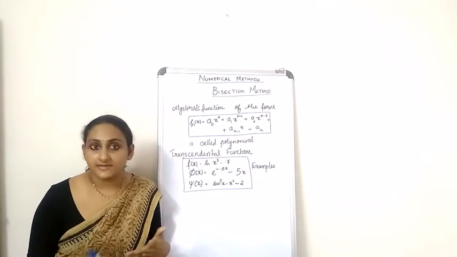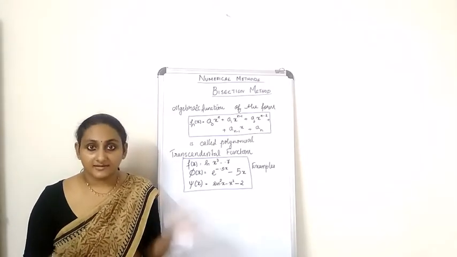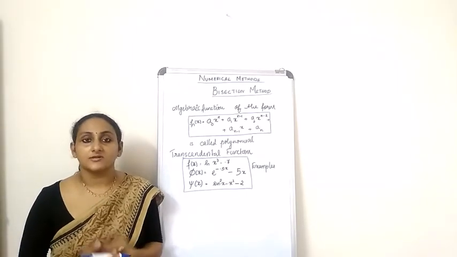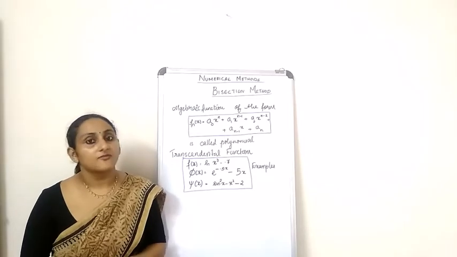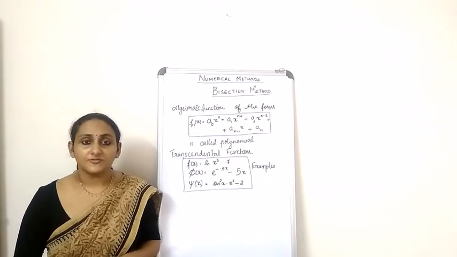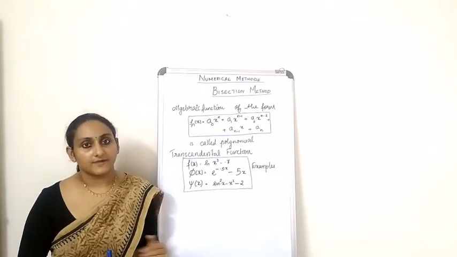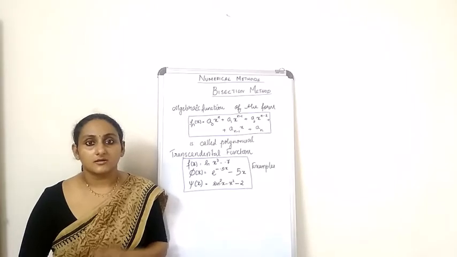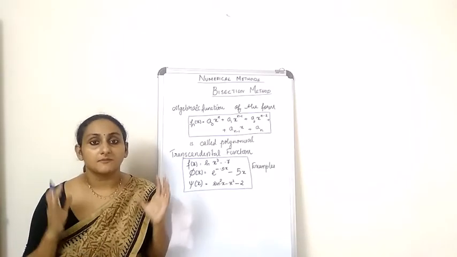So all these three cases can arise, and your aim is to find out the roots of these functions. So next we will move on to the first method of how to find the roots of a function when it is given, and that method we are going to look at is the bisection method.